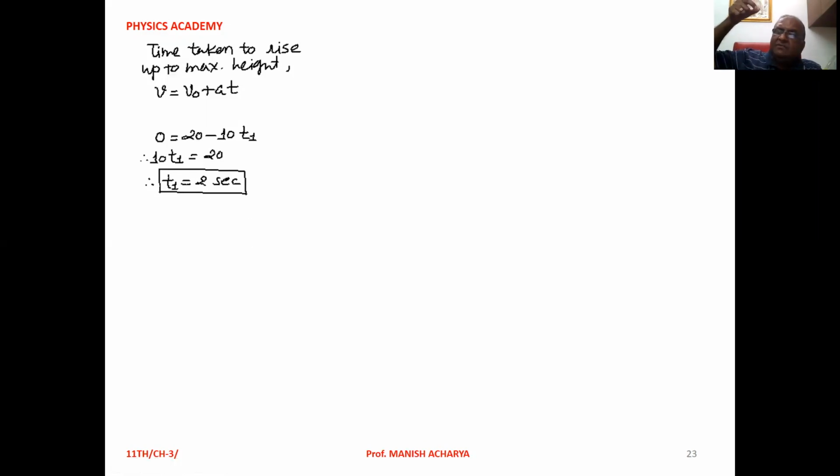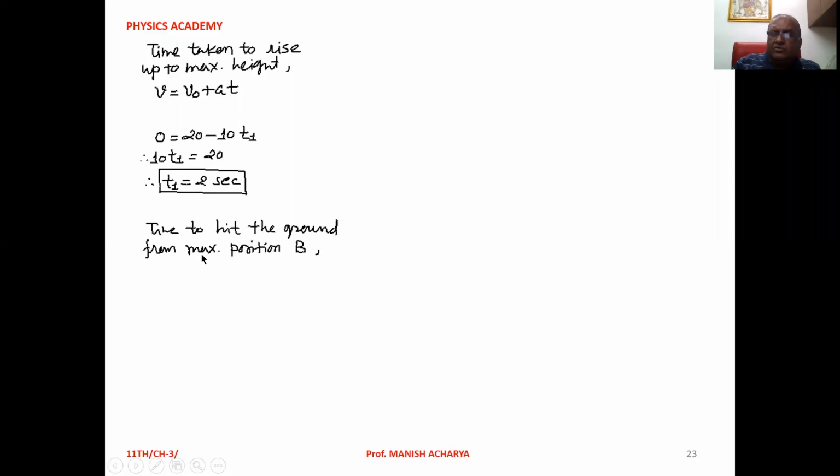Now from the maximum height it falls. So when it starts the motion from maximum height, the initial velocity will be considered 0. Now in the second phase of the motion, the time to hit the ground from maximum position B we consider as T2. So at B, initial velocity v0 dash is 0 meters per second.